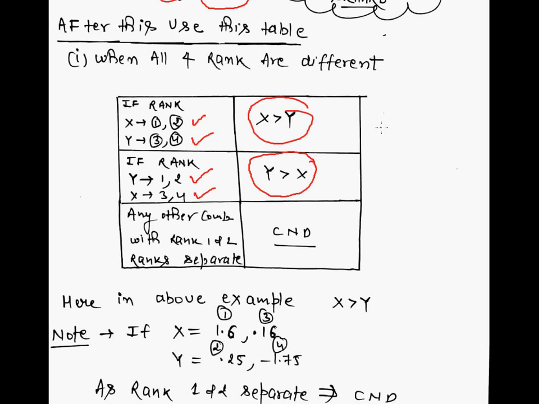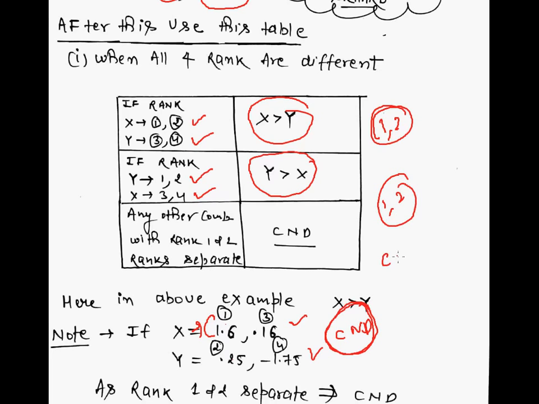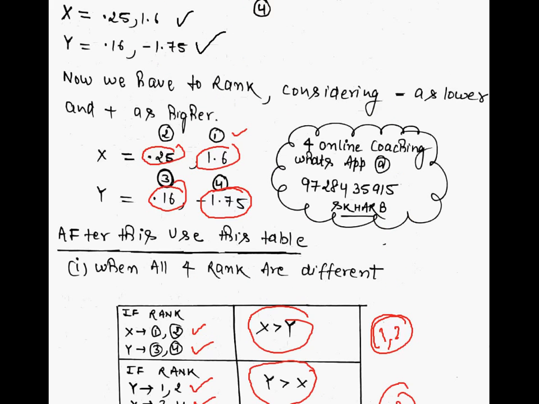But if ranks 1 and 2 get separated, for example 1 2 3 4 with 1 and 2 separated, it means it's the case of C and D. But in this case, the answer would come out to be x is greater than y, because x rank is 1 and 2 and y rank is 3 and 4.